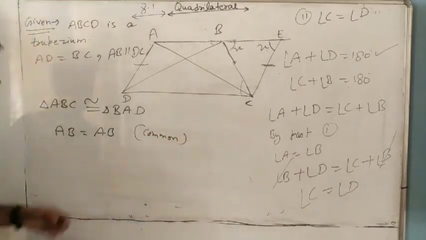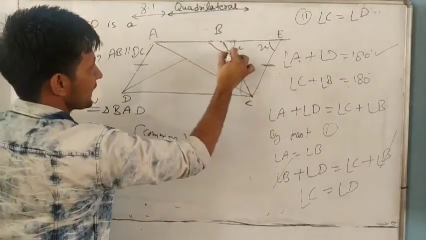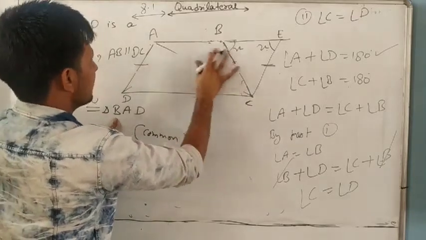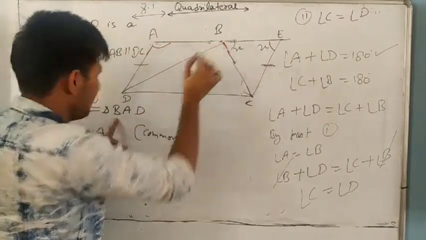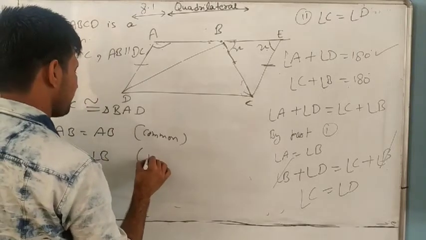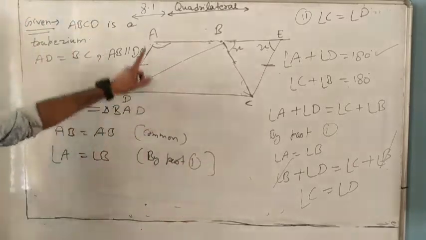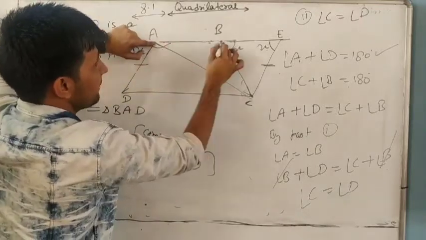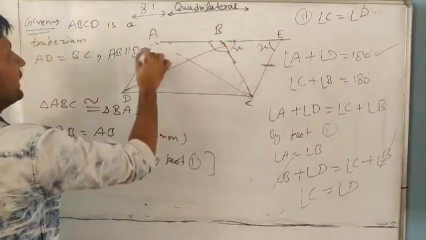Next, in triangle ABC, this angle B, and in BAD, angle A. So angle A equals angle B by part 1. You only have to identify which one is in ABC and which is in BAD.